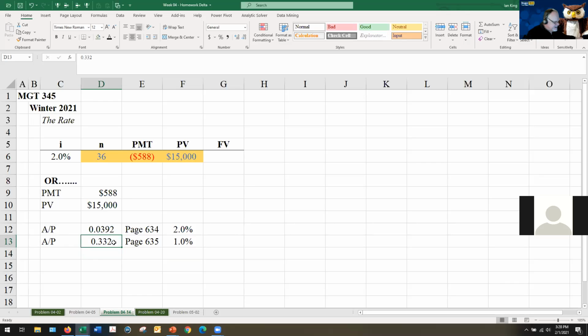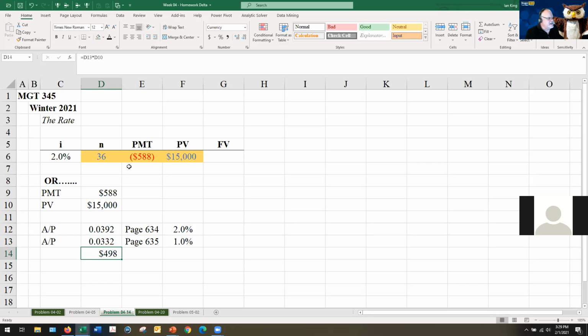If you try to do it manually or on paper, you have to guess and try above and below. This is equal to that times $15,000. I got an extra 0 in there. I forgot my 0.